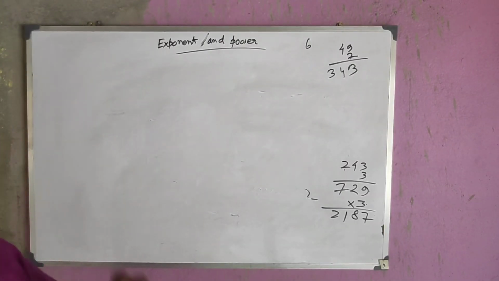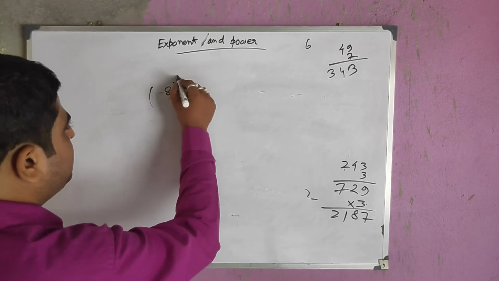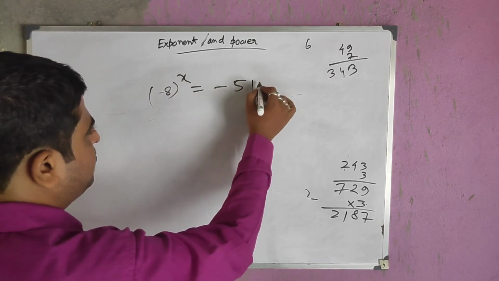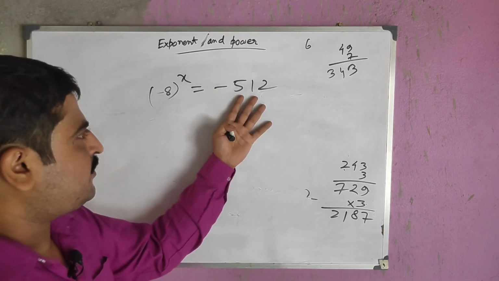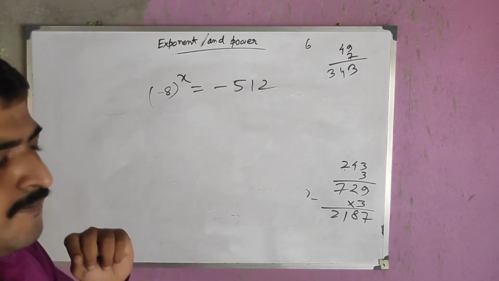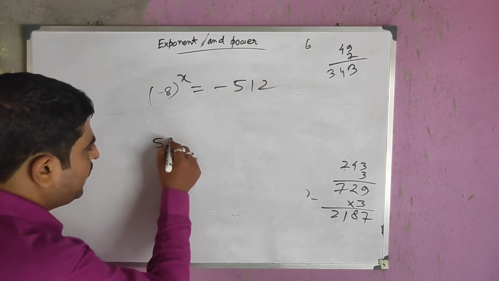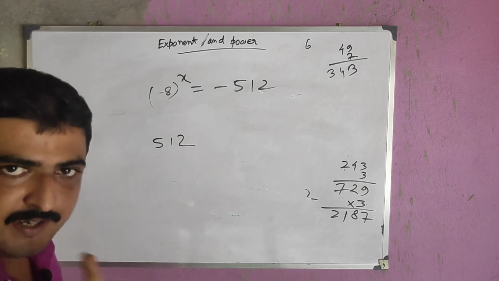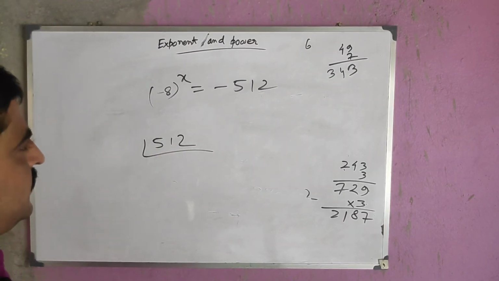Next, find the values of x. Minus 8 to the power x will become minus 512. So same thing, that means here we have to represent this minus 512 in terms of minus 8. What I have told, don't take this minus, you just factorize this 512 only.